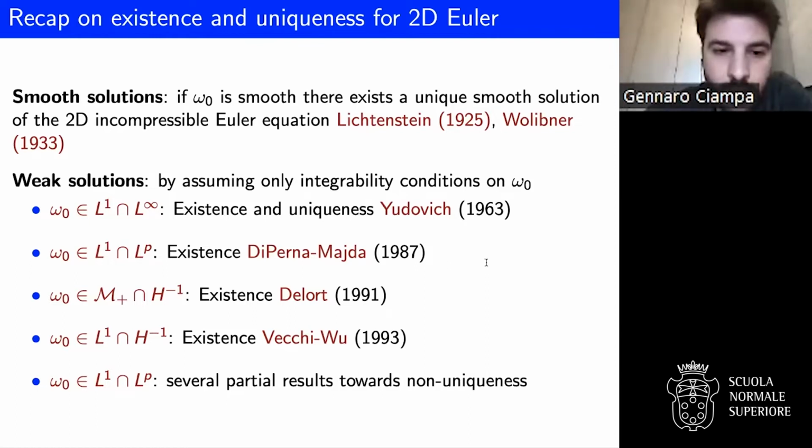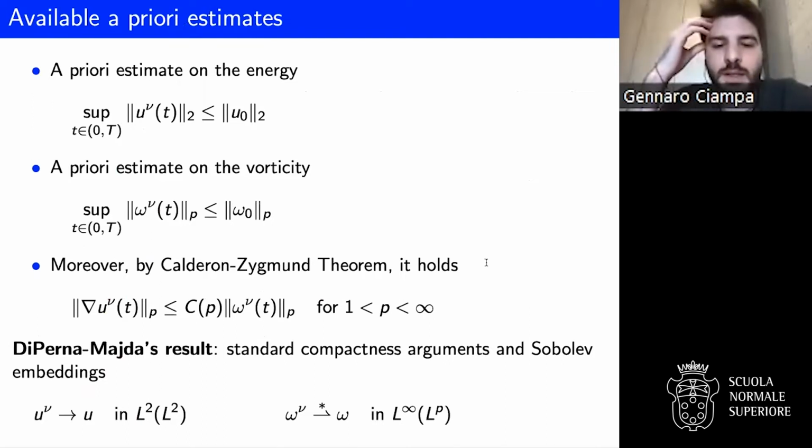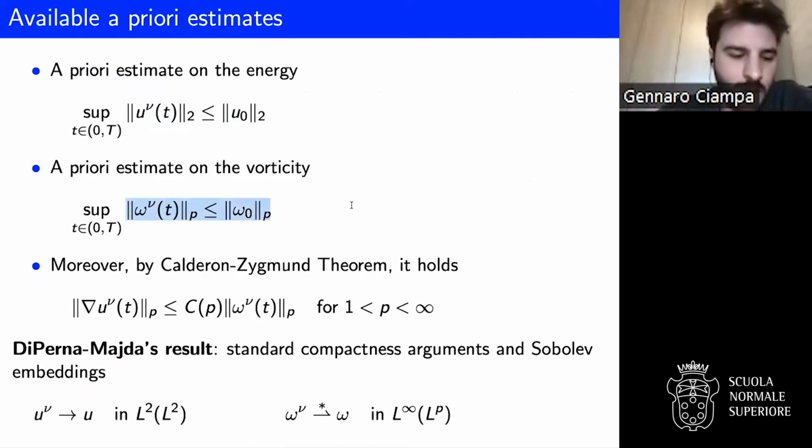So let me comment just a little bit on the result of DiPerna-Majda. Essentially, besides many other results, they prove the existence of weak solutions by relying on these three a priori estimates. The first one comes from the energy inequality for Navier-Stokes. The second one is due to the fact that the vorticity solves an advection-diffusion equation with a divergence-free vector field. And the third one comes from the Calderon-Zygmund theory, since the derivatives of the Biot-Savart kernel are Calderon-Zygmund operators.